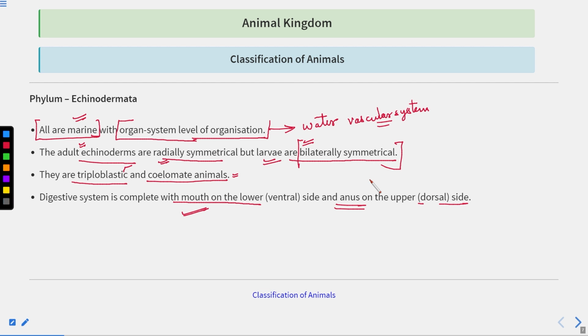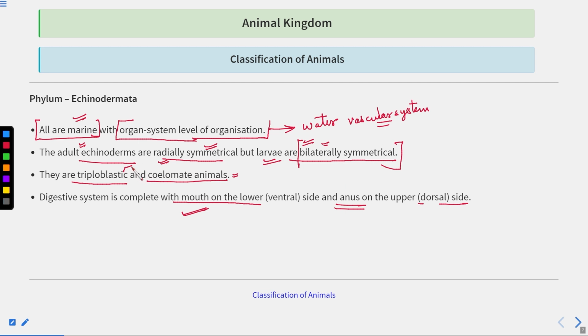Then they are having this water vascular system. The adult echinoderms are radially symmetrical. If we talk about the adult form of the echinoderm, then they are showing radial symmetry. And if we talk about the larva, then they are having bilateral symmetry.